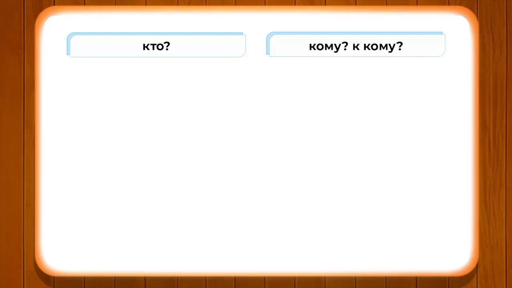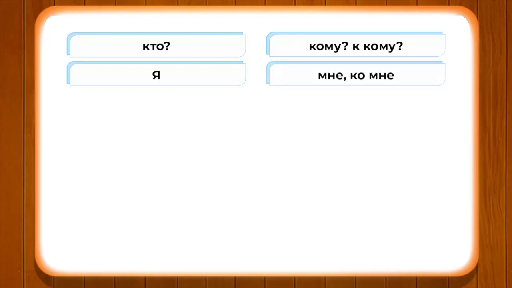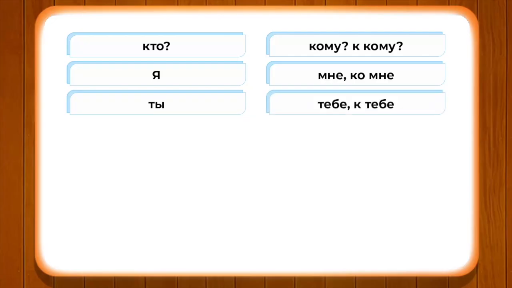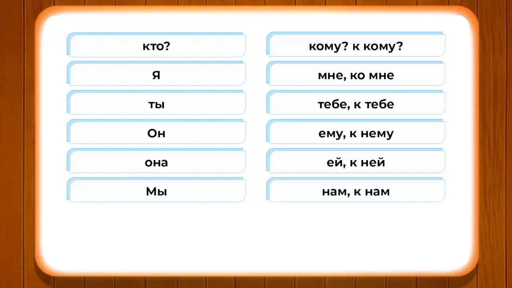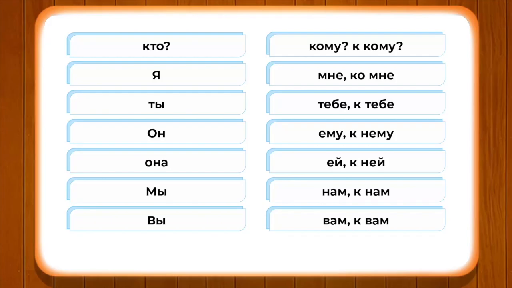These are the two basic questions of the dative case, which mean to whom and towards whom. For komu and k komu, ya would change into mne and ko mne. Likewise, ty changes into tebe, k tebe. On changes into emu and k nemu. Ona changes into ey, k ney. My changes into nam, k nam, and vy changes into vam, k vam. And the last one, oni, changes into im, k nim.